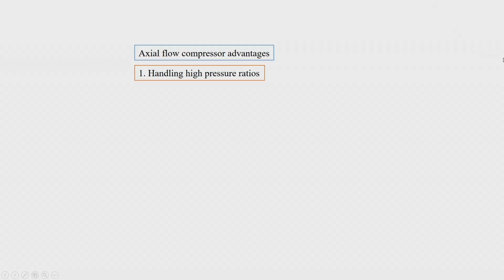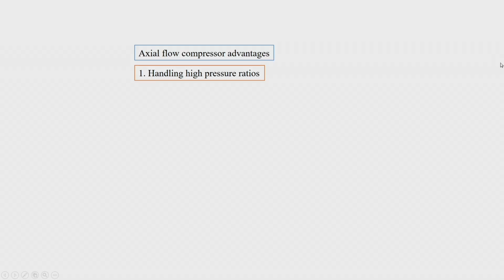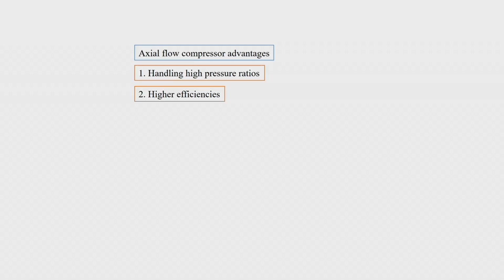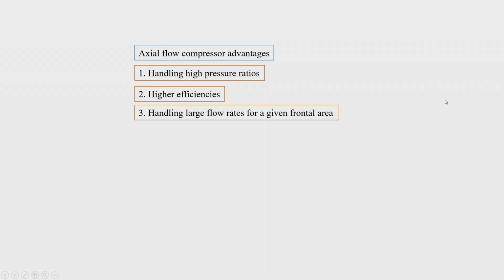So, a high pressure handling possibility is there with the axial flow compressor. Further, for high pressure ratios, this compressor exhibits higher efficiencies, which is also an economical point for which it will be considered.